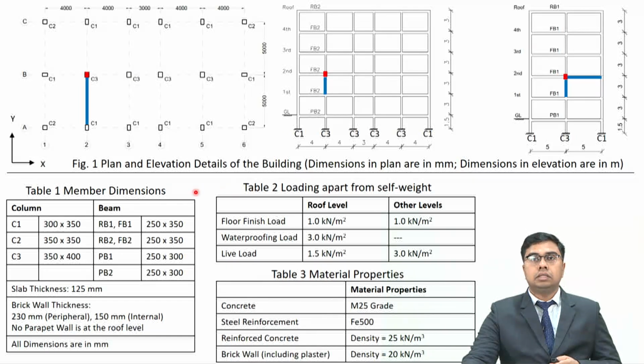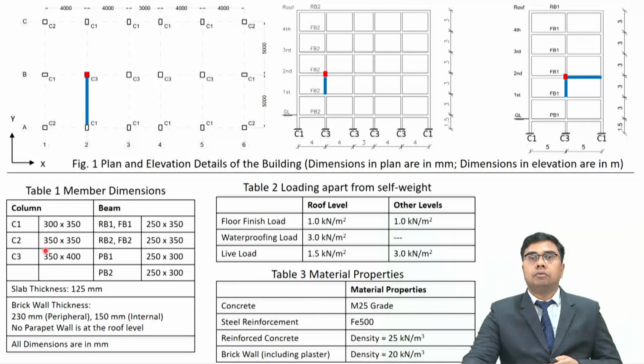Okay, so now let us see the dimensions of these columns and beams shown over here. RB represents roof beam, FB represents floor beam and PB represents plinth beam. 1 and 2 are the 2 directions. For example, along X we have all these FB2, RB2 and PB2, while along the y direction we have PB1, FB1 and RB1.